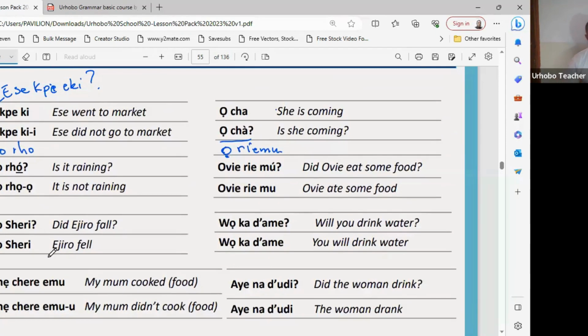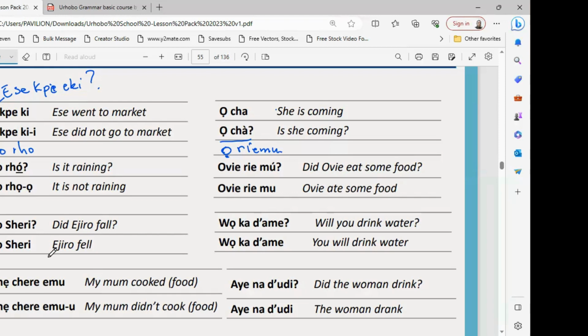Onime cheremu. Flat. My mother is cooking. Change it to a question by increasing your tone. So where does the high emphasis go?